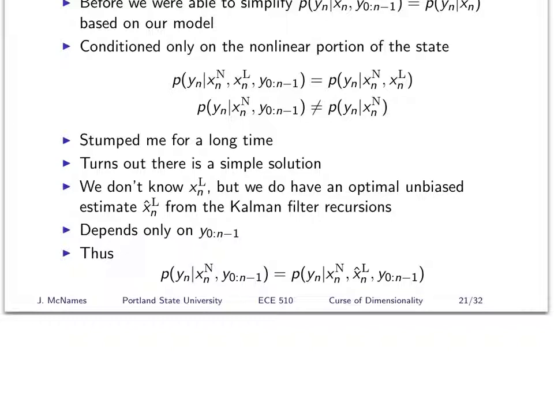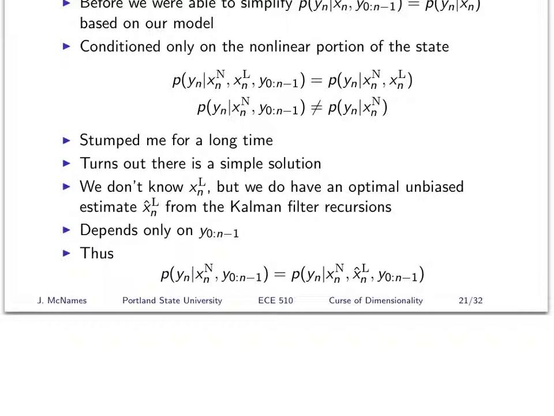And the insight that I had after mulling this over with my PhD student is that although we don't know what the linear state is, we do have an optimal linear estimate. And that optimal linear estimate only depends on the nonlinear portion of the state and all the past observations.